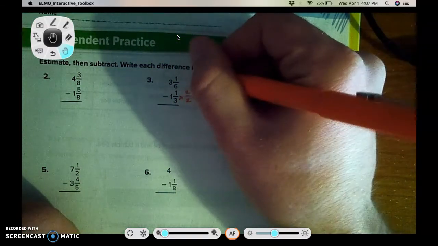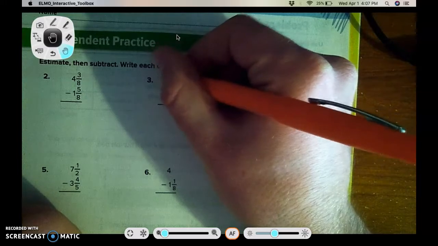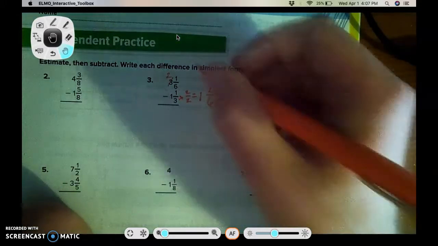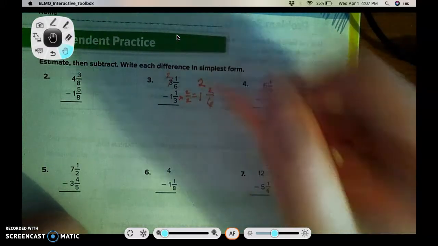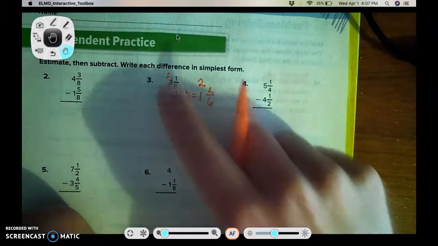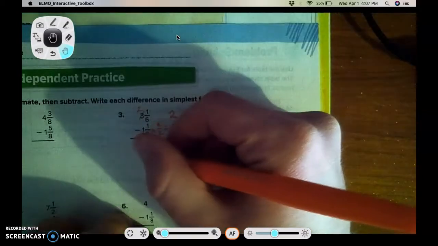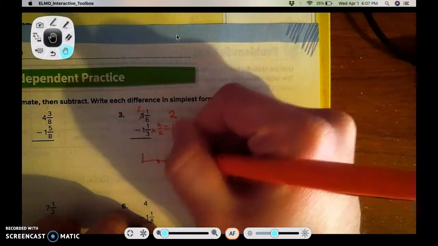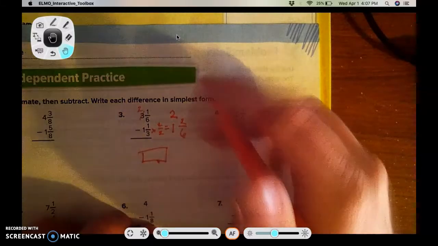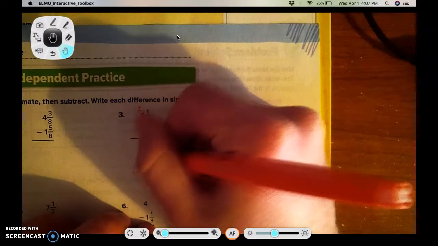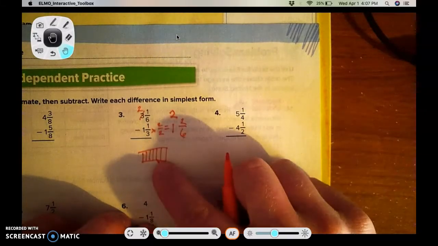So again, we're going to take 1 whole, so that's going to become 2 that we have left, and we're going to regroup it as that 1 whole, and I'll kind of draw a model down here again. We have 1 whole that we're going to take and put into sixths. So now we have sixths.